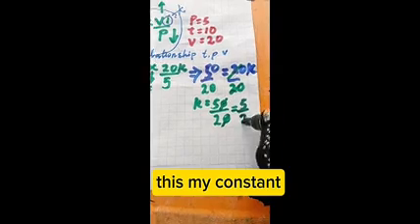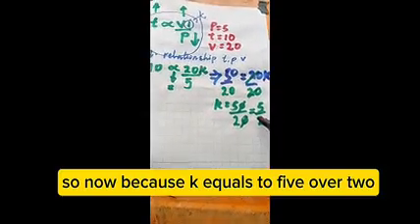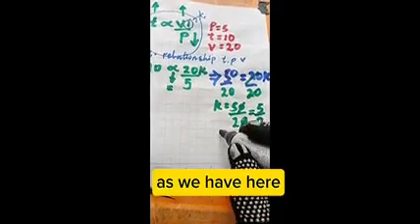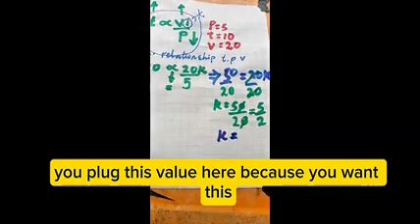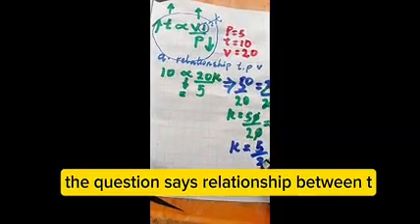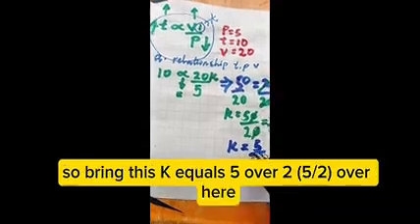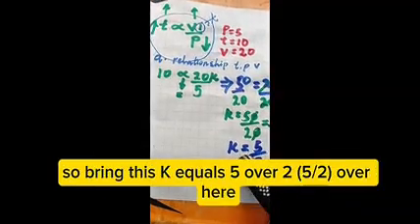This is my constant. So now because K equals 5 over 2, you plug this value here, because the question says relationship between T, P, and V.